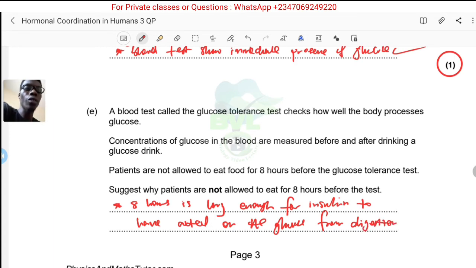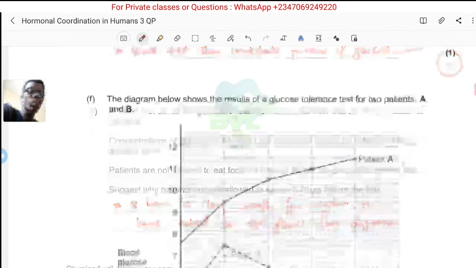So the food the person has eaten will have digested, and the insulin will have actually worked on it. So you can't really get the actual value of the sugar at that point.